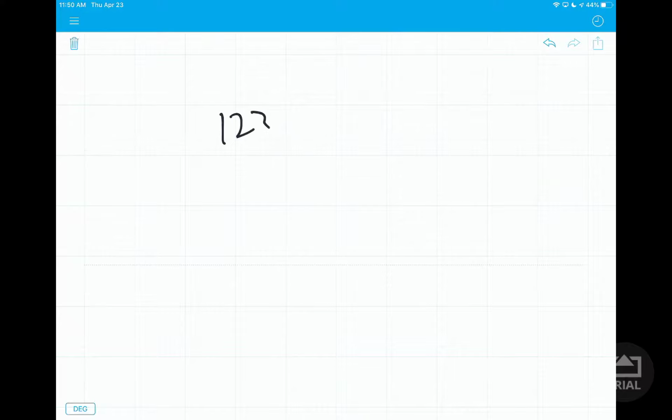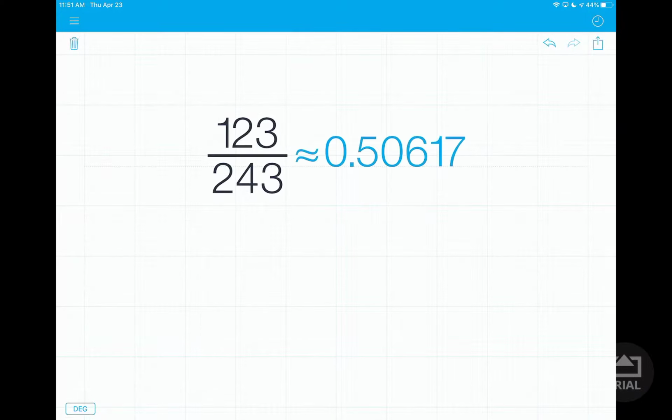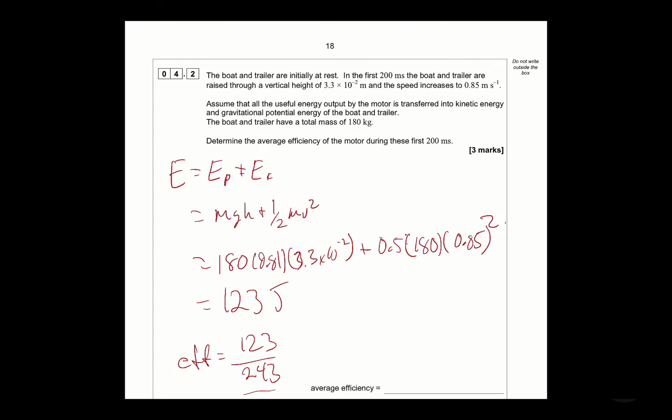Okay, 123 divided by 243 is 0.51. So it's about 50% efficient. Remember, when you're doing efficiency, you can either write it as a percentage or as a decimal. It should not matter, because it doesn't say percentage efficiency.